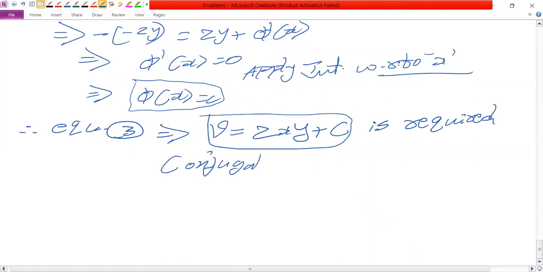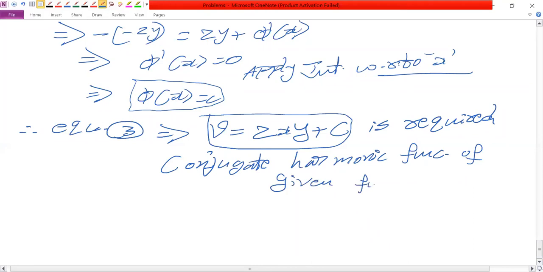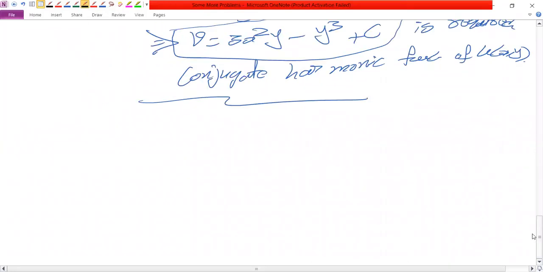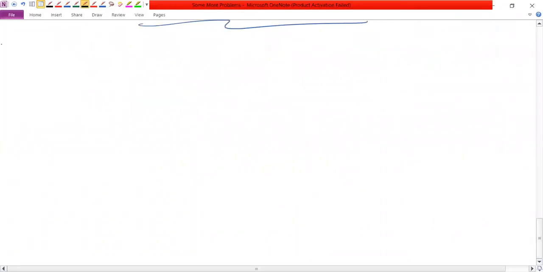Conjugate harmonic function of the given function u. That's enough. Now, complex potential function.